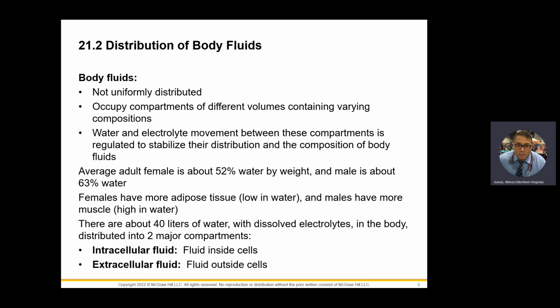Since female patients normally have more adipose tissue, they have relatively less water than their male counterparts, 52% versus 63%, and this is based on the population in general. 40 liters of water, give or take, and the two major compartments we're thinking about are intracellular fluid, the fluid inside the cells, and extracellular fluid, the fluid outside the cells.